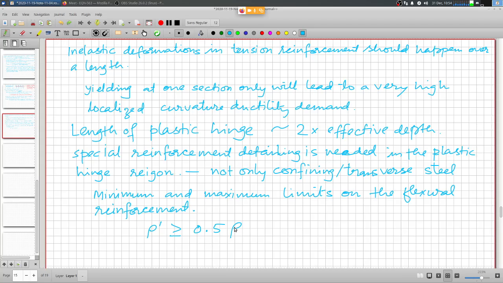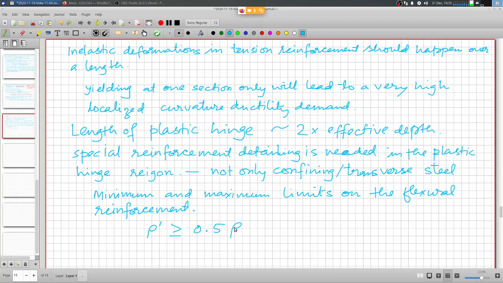So that will ensure this upper bound and lower bound will generally ensure that the minimum curvature ductility is guaranteed. You can look at these numbers. What are these numbers?